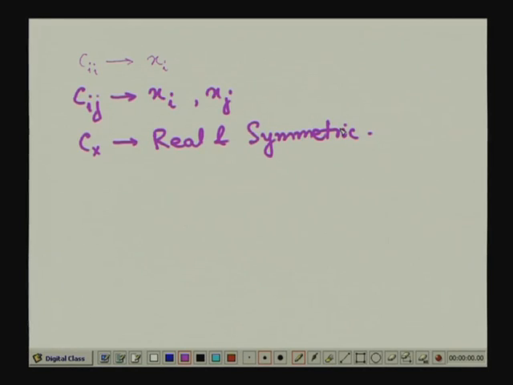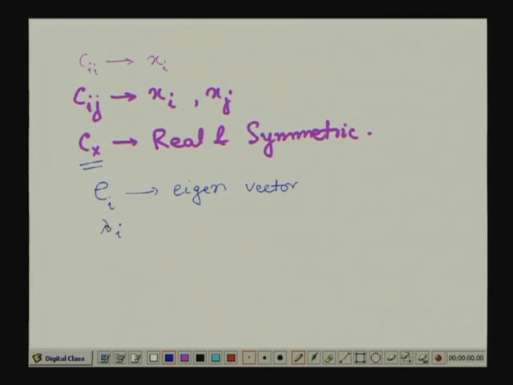Because this covariance matrix is real and symmetric, we can always find a set of n orthonormal eigenvectors of the covariance matrix Cx. Now, suppose ei is an eigenvector of this covariance matrix Cx which corresponds to the eigenvalue lambda i.